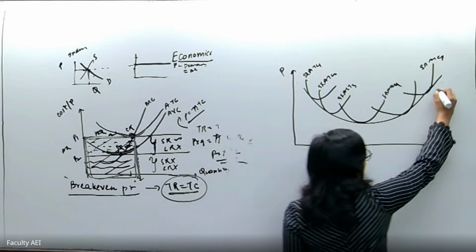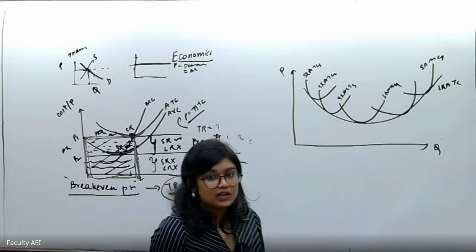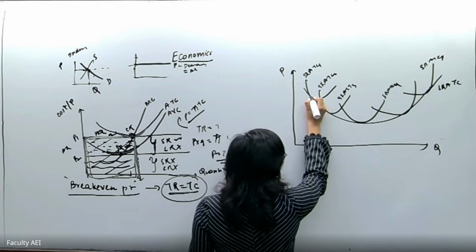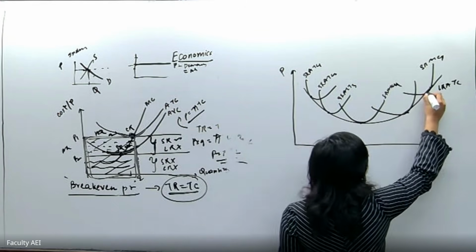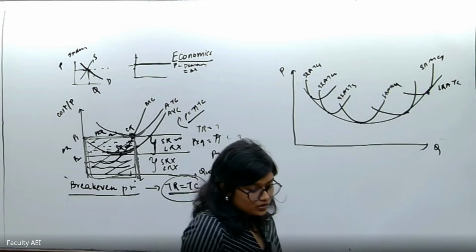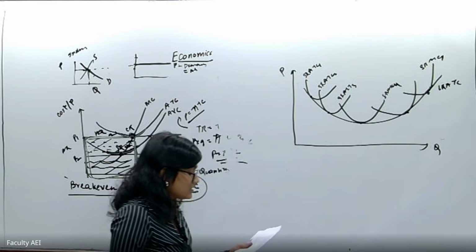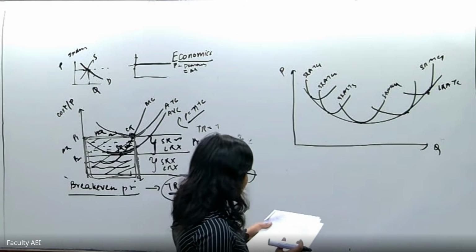It is an envelope around the short run average total costs, taking their minimum points. It joins their minimum points. So the long run average total cost is an envelope around the short run average total cost, and it's U-shaped and it takes up all the minimum points.